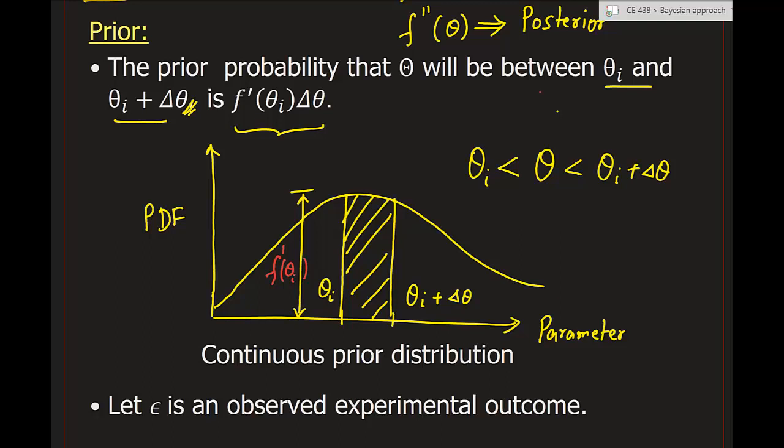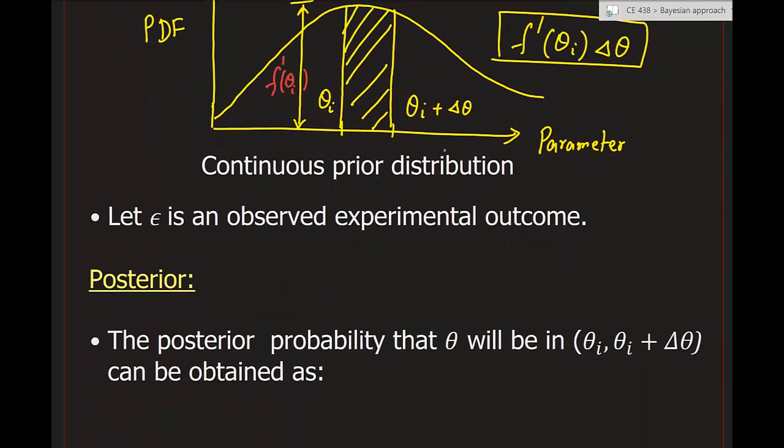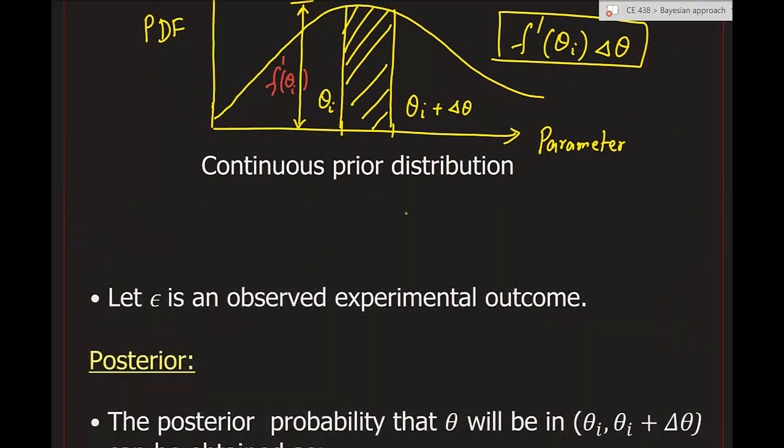So now we can calculate this shaded area, and this distance will be delta theta, so the area will be f' theta i times delta theta. This is the probability that theta lies between theta i and theta i plus delta theta. So now I know my prior probability, which is f' theta i times delta theta.